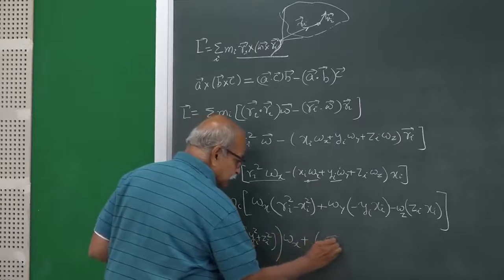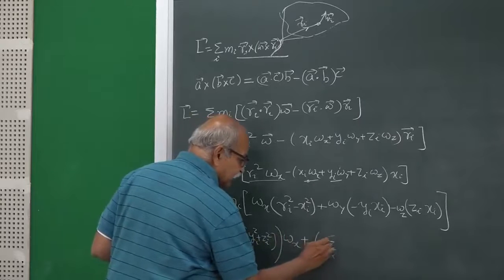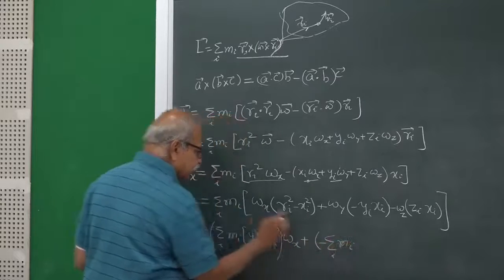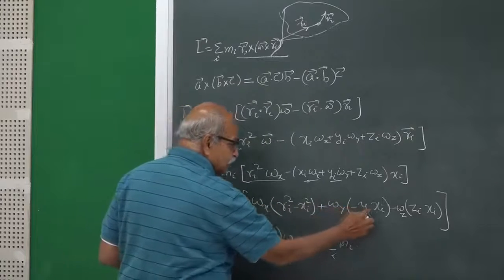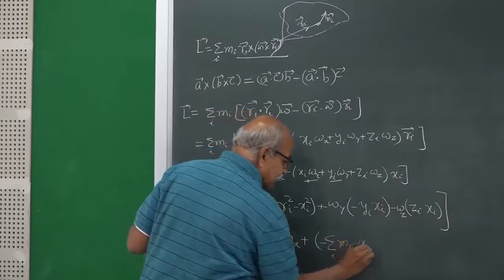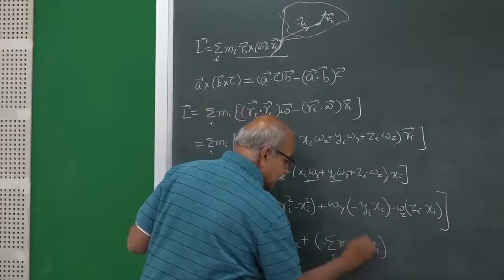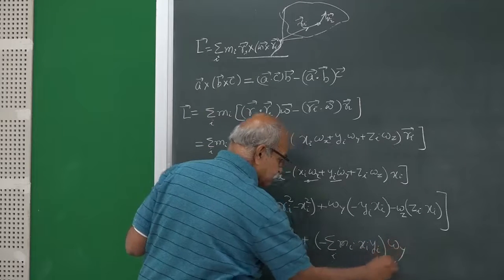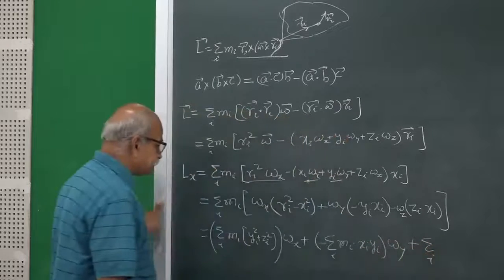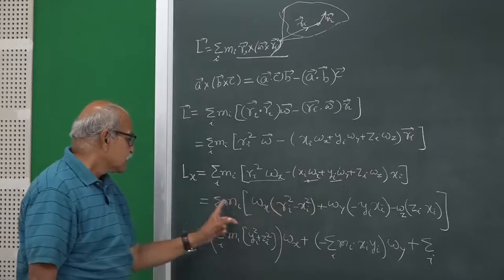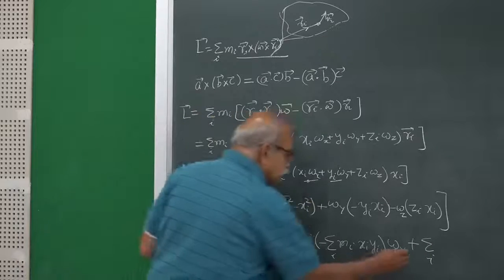So, summation over I minus m I, minus I have written, and then y I x I. So, let me write x I y I and then omega y, and plus summation over I, that other part, summation over I minus.